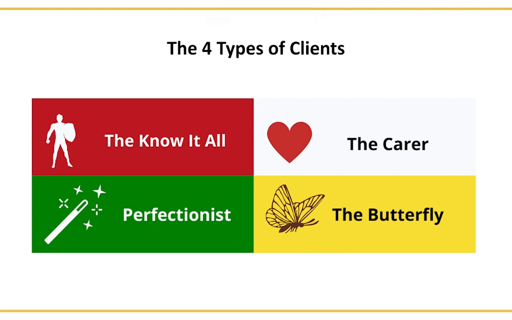So the first one is the know-it-all. The know-it-all is the person who knows it all, who thinks they're the best, who loves coming first. They're motivated by challenge. They're typically very competitive. They might be competitive with themselves or with other people.